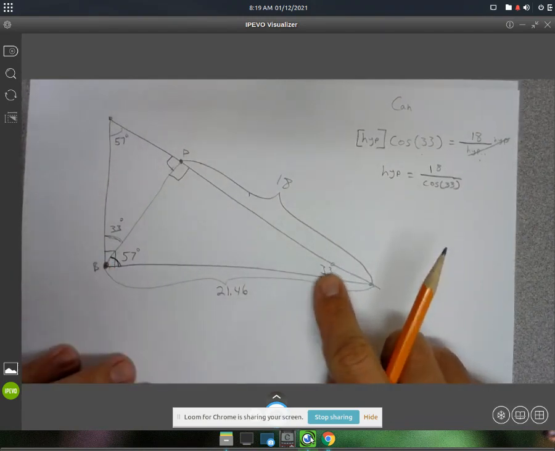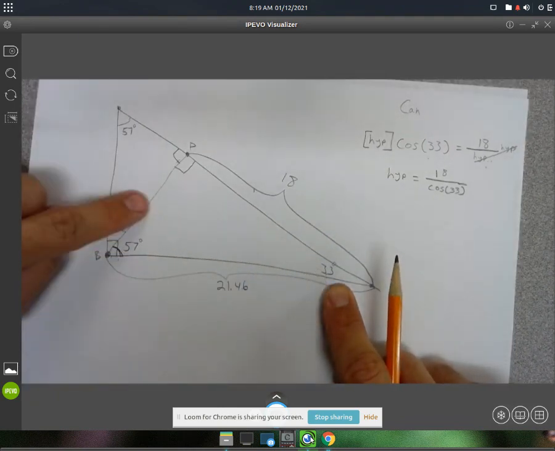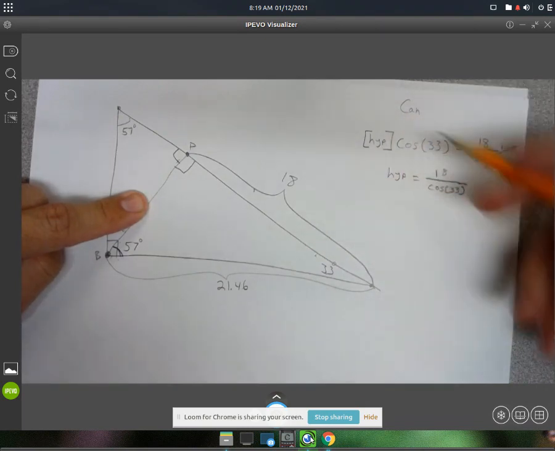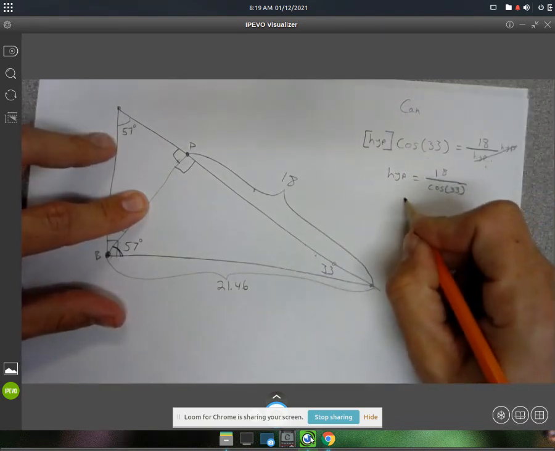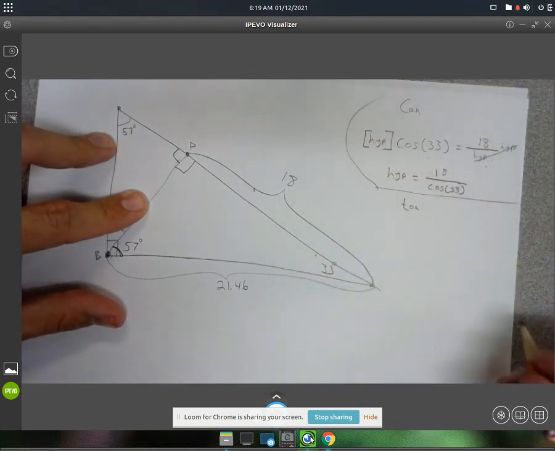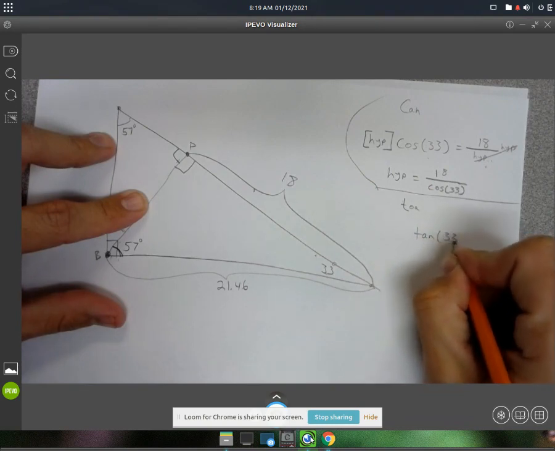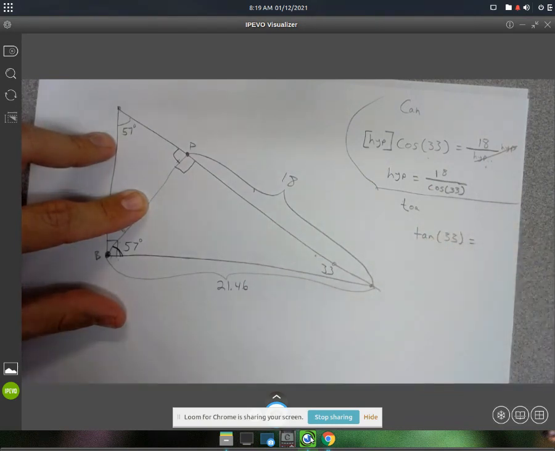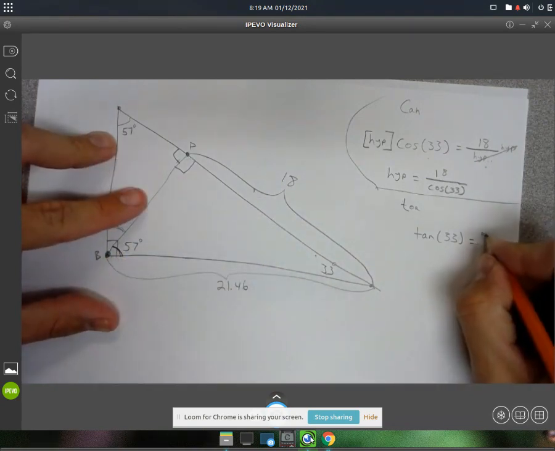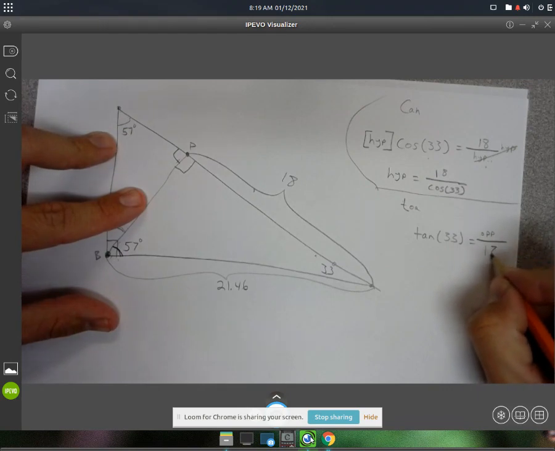I'm going to use my 33 again, but this time I'm going to do opposite and adjacent. That's going to be tangent. So remember, tangent is the TOA. Tangent of 33 is equal to opposite right here over adjacent, which is 18 again.